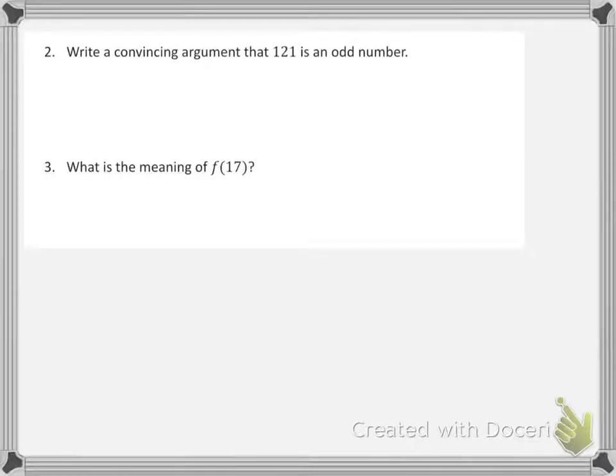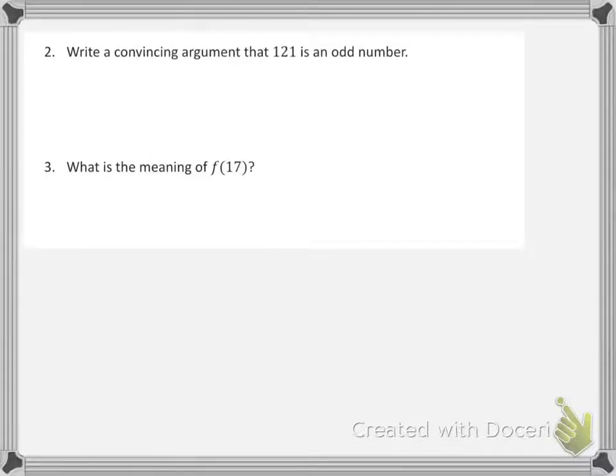So, if you double 60, you get 120, and then add 1, it's odd, right? So if I double 61, I get 122, and then subtract 1, I get an odd number. So either way, whether I add 1 or subtract 1, I get the odd.